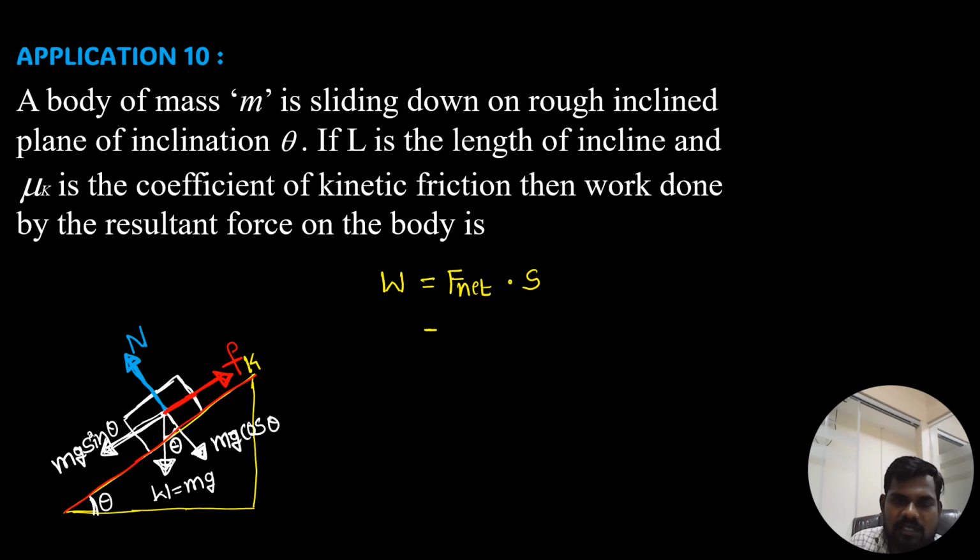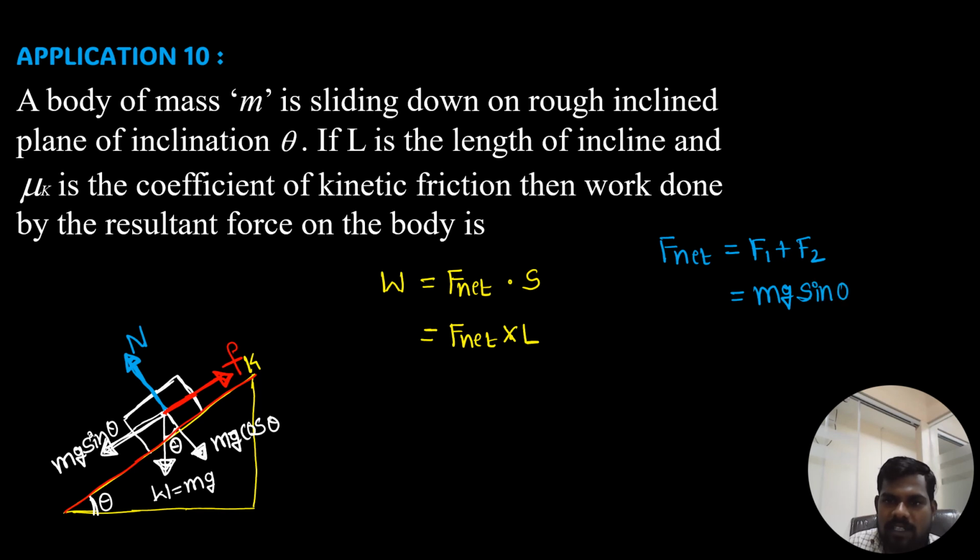Here S is the displacement along the inclined plane, which is given as L. Now we have to find F net, the forces acting along the x-axis. F net is F1 plus F2. F1 is mg sin theta, because the body is moving downward. Plus friction, which acts backward, opposite to mg sin theta. Both are in opposite directions, so minus f k. So finally F net is equal to m g sin theta minus f k.